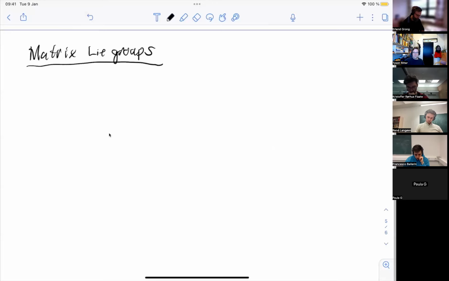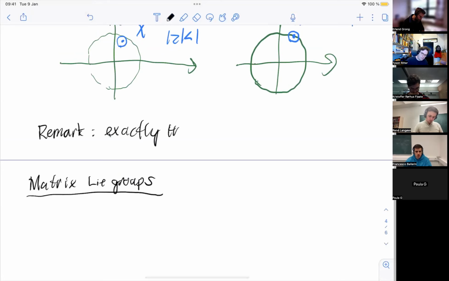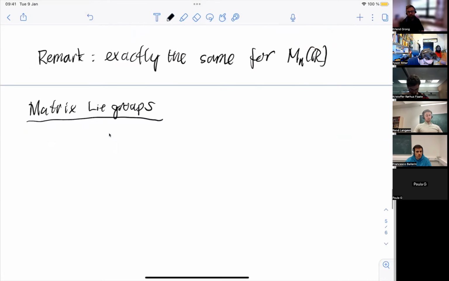Sorry, I should remember to write here a remark: exactly the same for C and R. So for matrix Lie groups, we first need to introduce the following group.